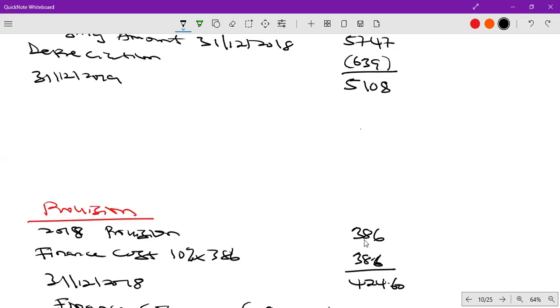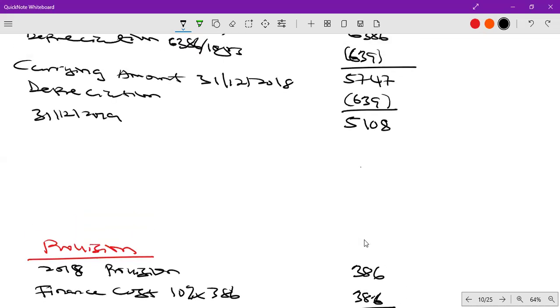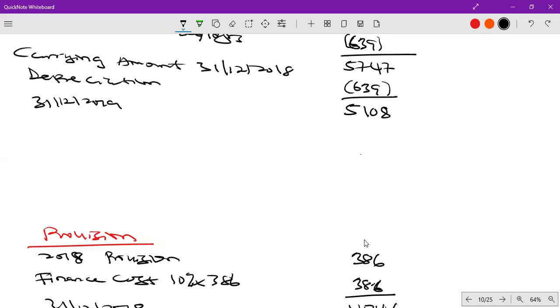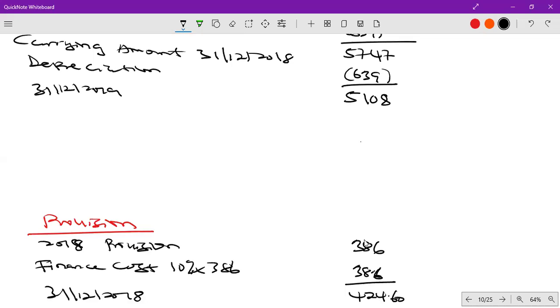So assuming, because I'm not going to solve the other one, assuming the cost model, what should we do? If it is the cost model, you adjust the provision and adjust the cost.